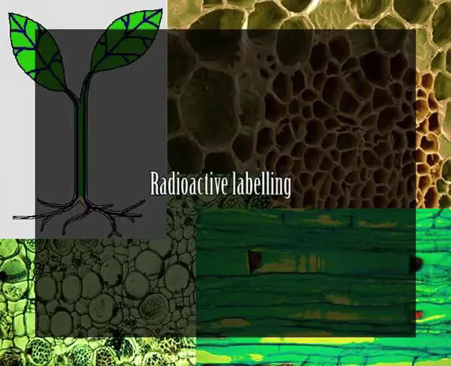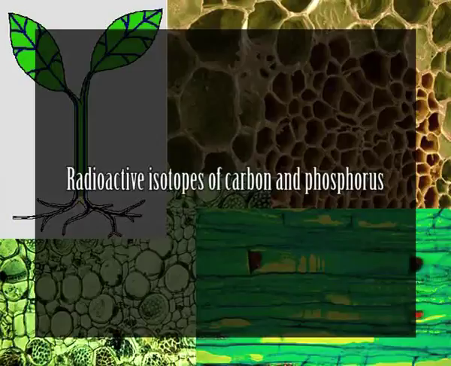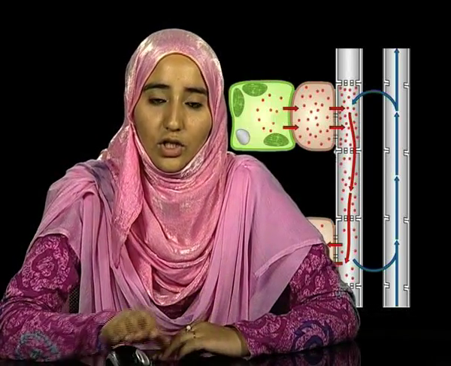Now, radioactive labeling. Use of radioactive isotopes of carbon and phosphorus has provided direct evidence for the transport of carbohydrates through the phloem. Radioisotope of phosphorus P32 was introduced through a small cut on the leaf of cotton plant. Then a piece of wax paper was also introduced in such a way that it separated phloem tissues from xylem tissues.